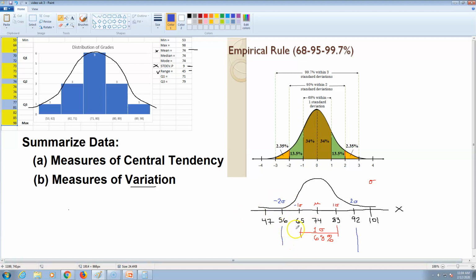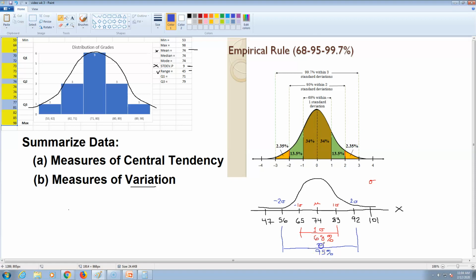So for any data that is 2 standard deviations from 74, two nines to the right and two nines to the left, 95% of the data is going to be in there. Okay, 95%.